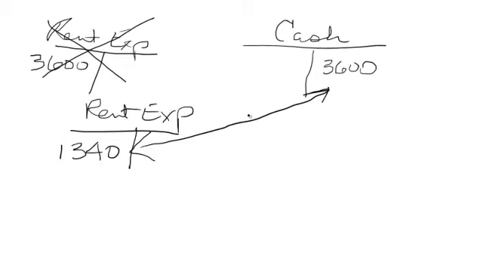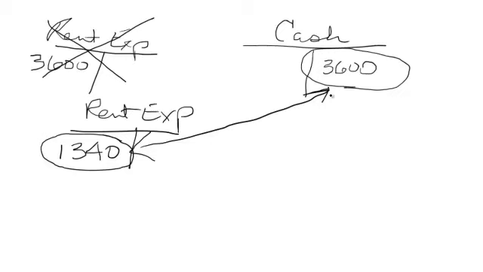Okay, now column 2 says which column has the larger total. Well, there's $1,340 on the debit side, and $3,600 on the credit side, which column's larger? Well, that's going to be the credit side. Okay.